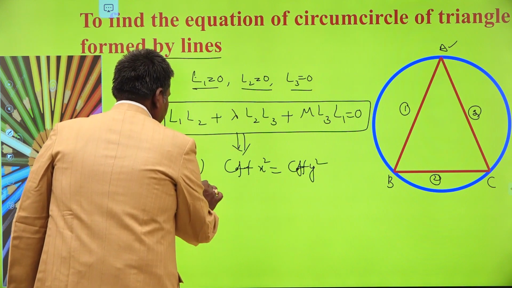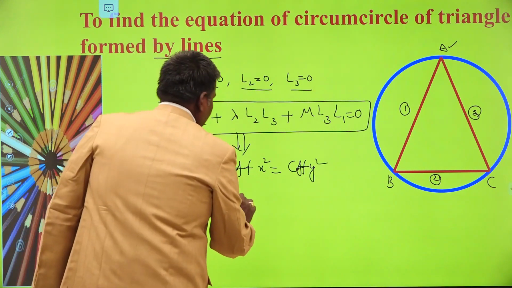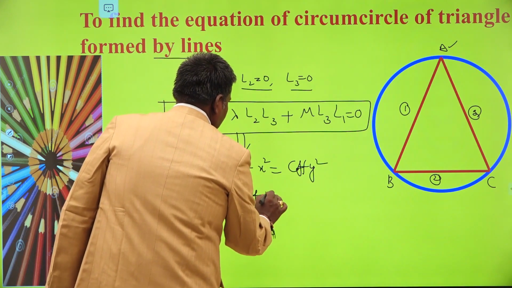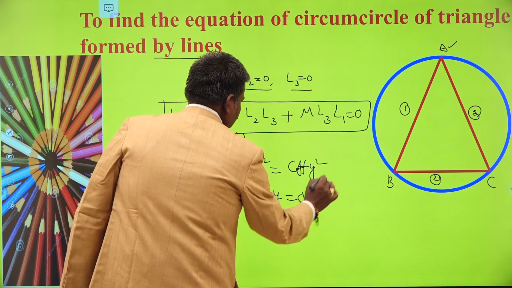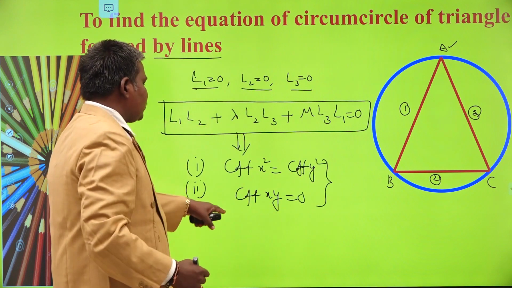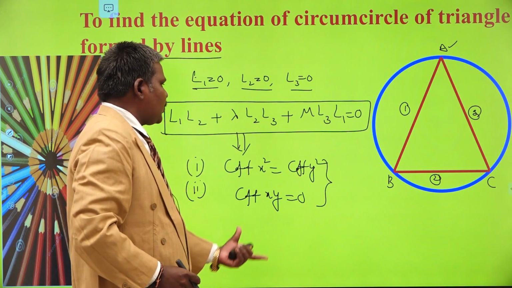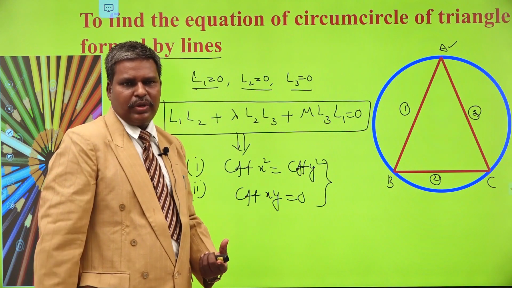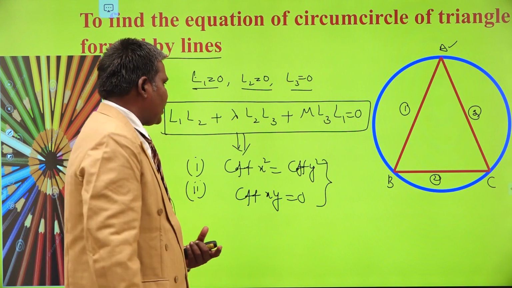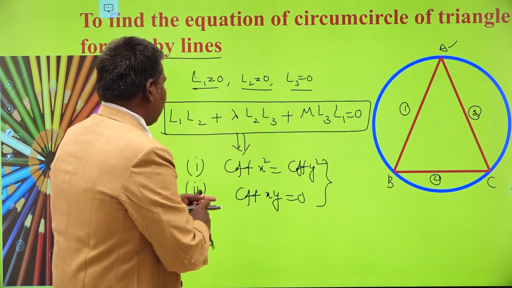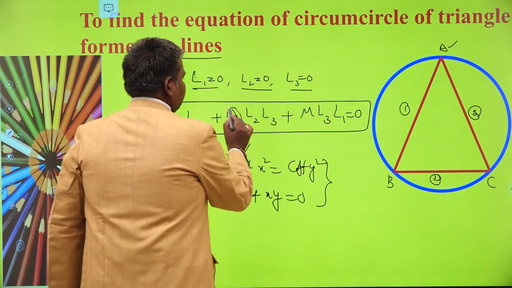And then the xy term is absent, that is, the coefficient of xy is equal to 0. By applying these 2 conditions to this equation, we have 2 equations in lambda and mu. After getting the 2 equations, by solving, we obtain the lambda value and the mu value.